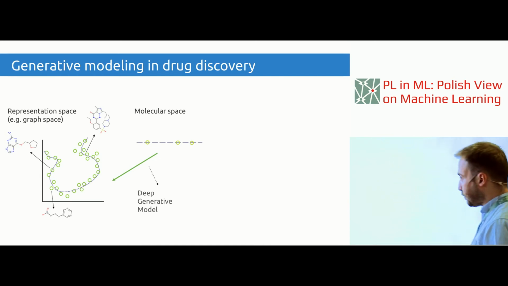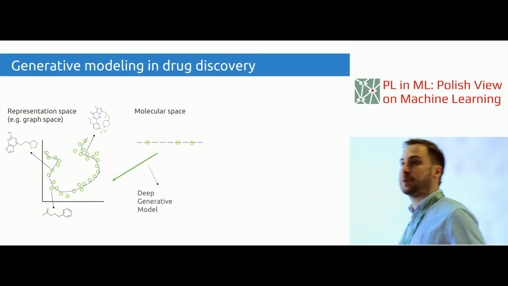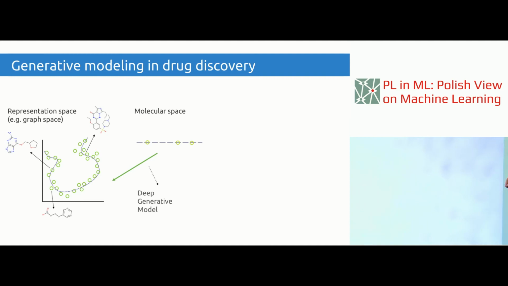Valid molecules lie in a kind of subspace in this molecular space. What we want to do is find the mapping between this molecular space and this representation space, and we'll be doing it using deep generative models.